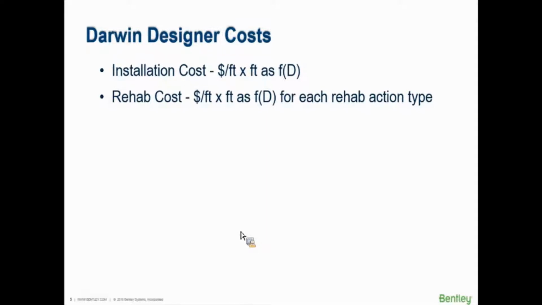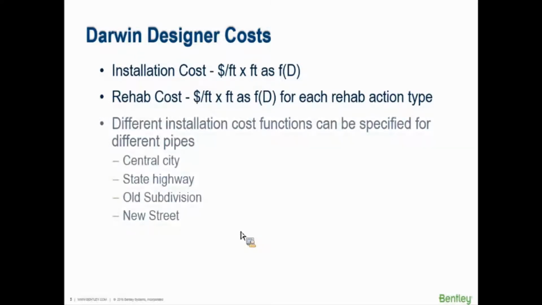You enter the cost function for the diameters you want to be considered, and Darwin also lets you consider the pipe rehab cost too. So it's going to be however much it costs per foot or per meter. And then you can specify different cost functions for different conditions.